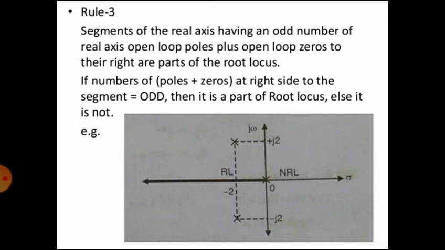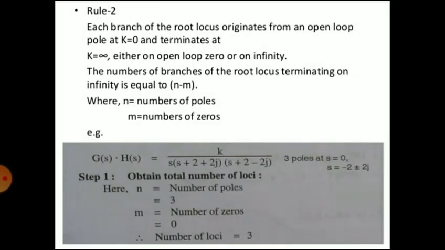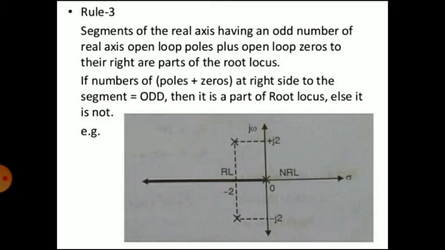In the diagram shown, the poles are denoted by crosses. There are no zeros. For this example, the poles are s equal to 0, s equal to minus 2 plus j2, and at the bottom minus 2 minus j2.